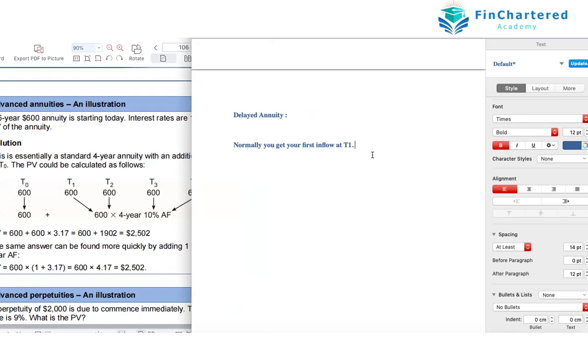But it's not necessary that that should happen. In business, it is not necessary. Maybe you invest today, but you get the first cash flow after 3 years. That is a delayed annuity or a delayed perpetuity.